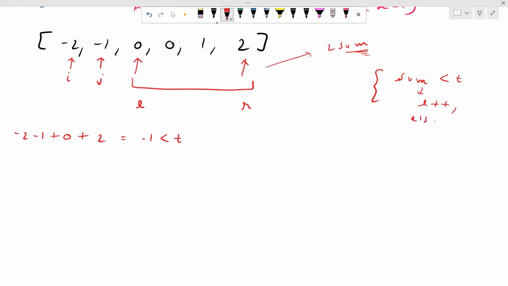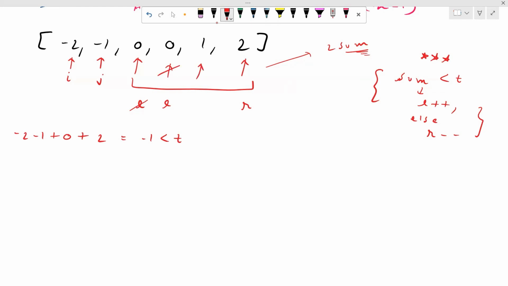Otherwise, we'll decrement our right pointer, right? So we'll increment our left pointer. Now our left pointer will be pointing to the 0 again, but there is no need for the left pointer to point to 0 again because we already covered the 0 part. So we'll try to avoid the duplicates. So instead of pointing to the 0 again, we'll directly point it to the 1.